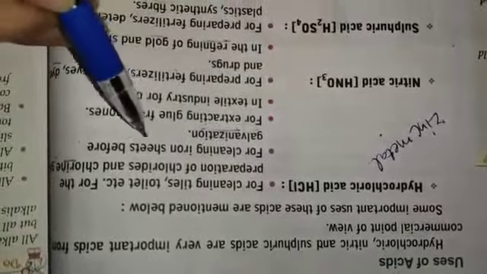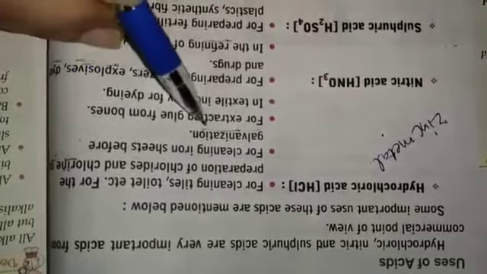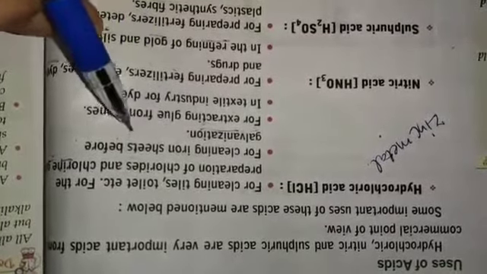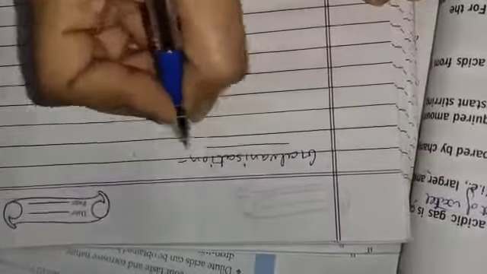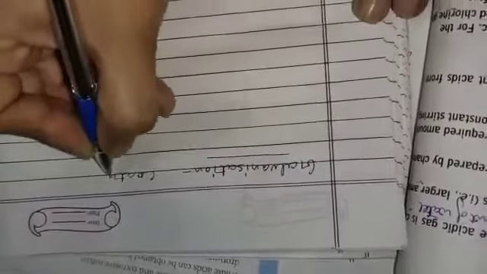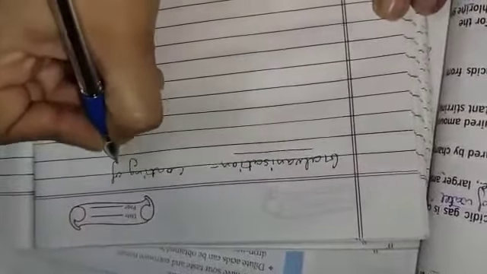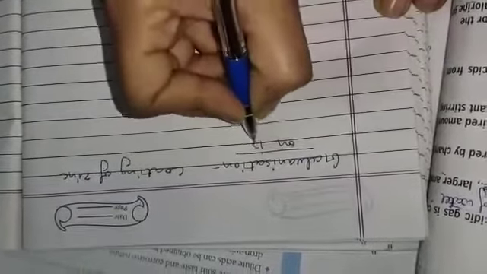It is also used for cleaning iron sheets before galvanization. Now what is galvanization? Galvanization means coating of zinc on iron.